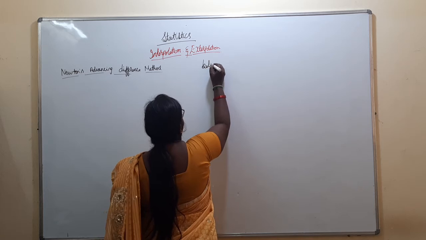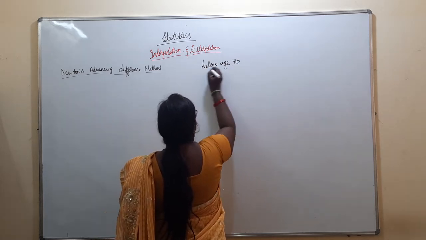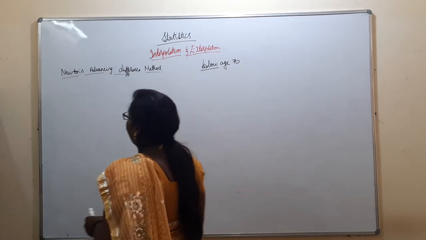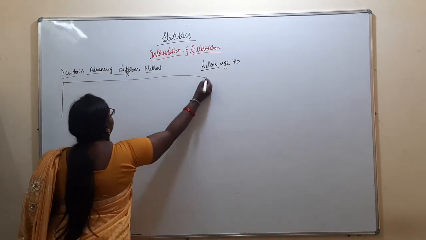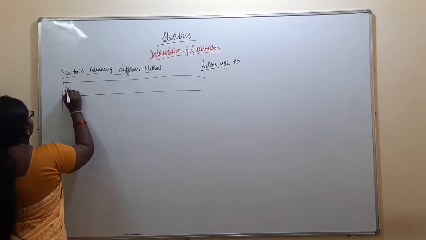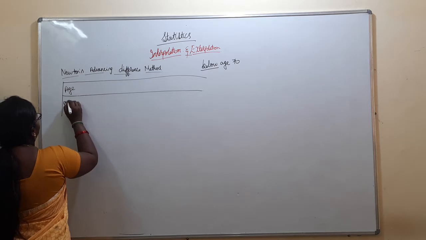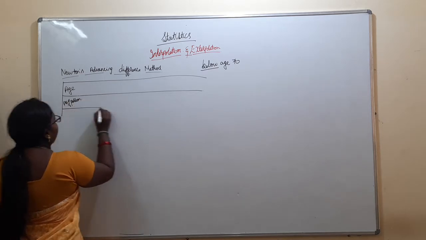Below age 70, below is the keyword. Data available for me is here: age, then number of persons.